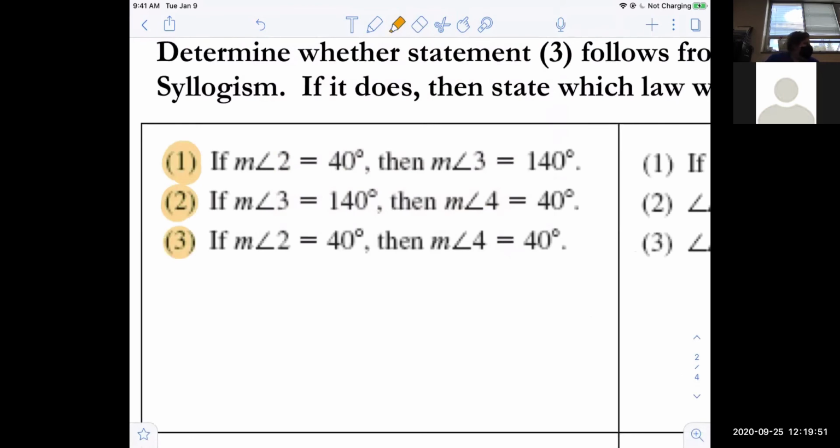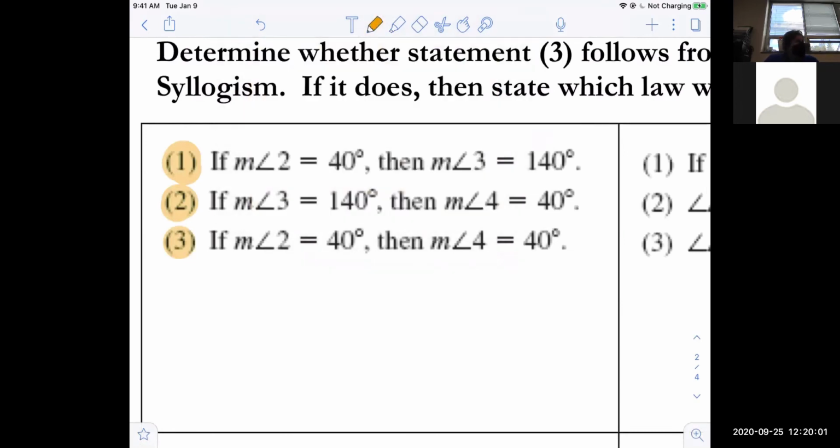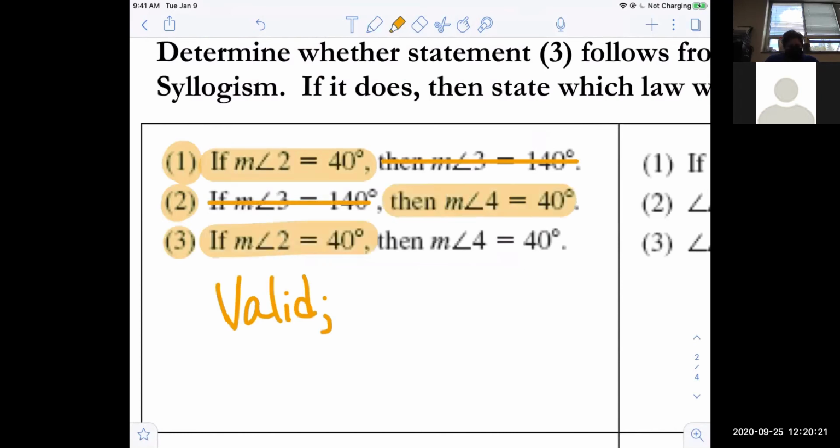I have not talked to, let's see, Nick Beerby. Valid or not valid? Okay, what's the law? Tell me why. Okay, so you're taking the ending of this one and getting rid of it, and the beginning of this one and getting rid of it, and then taking the 40 from the first one and the 40 from the last one to get your conclusion.